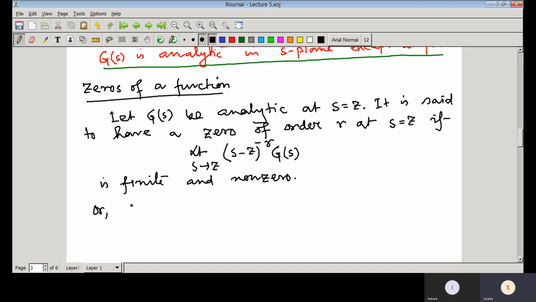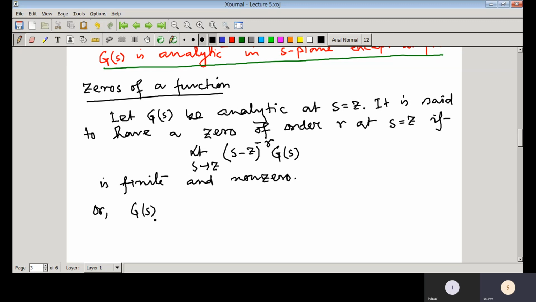Or simply we can say that G(s) has a zero of order r at s equal to z if 1 by G(s), just if you take the reciprocal of that function, has an rth order pole at s equal to z.